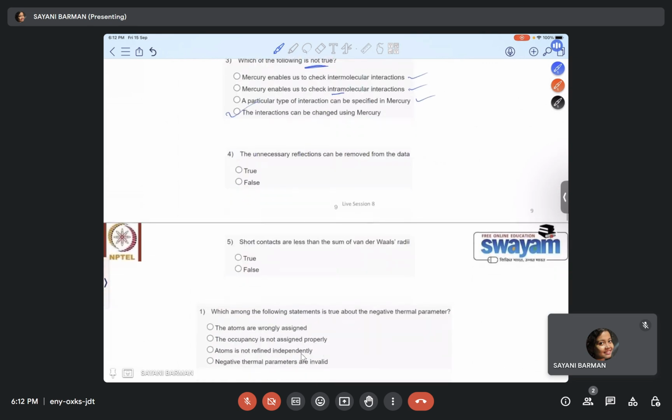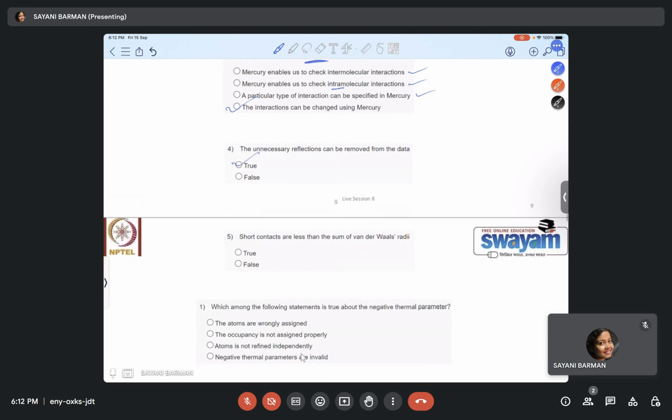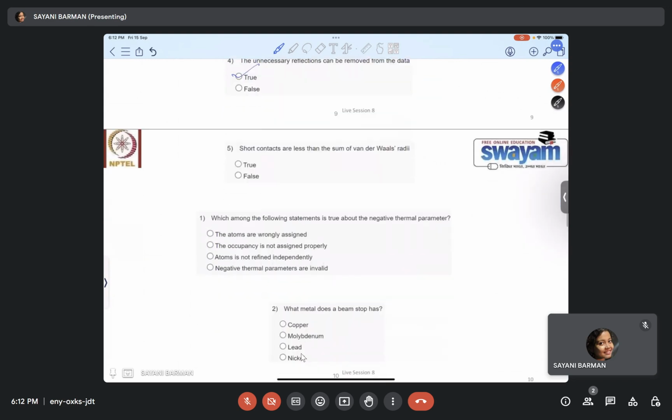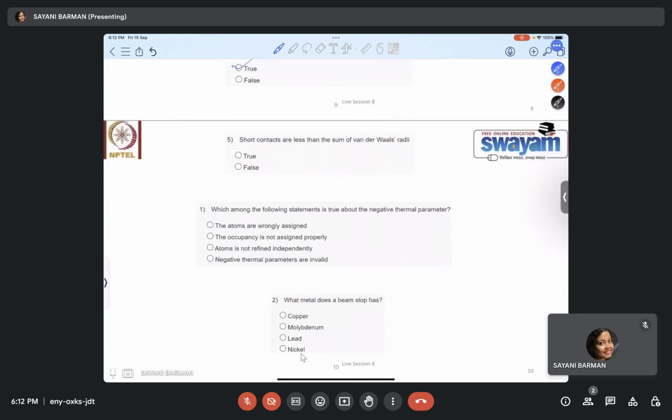Now the next one is, the unnecessary reflections can be removed from the data. Yes, of course. That's how we get the actual data. Otherwise, it will be very problematic, right? If there is a lot of junk in the raw data. Next one is, short contacts are less than the sum of van der Waals radii.